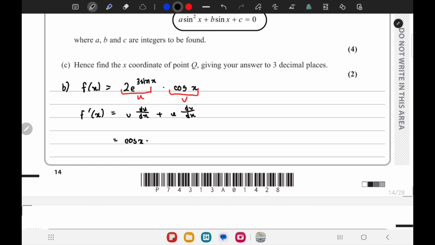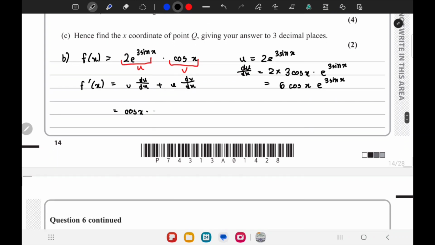Now u is 2e to the power 3 sin x. So du by dx will be 2 times the differentiation of 3 sin x, which would be 3 cos x times e to the power 3 sin x. So we'll get 6 cos x e to the power 3 sin x, times cos x.